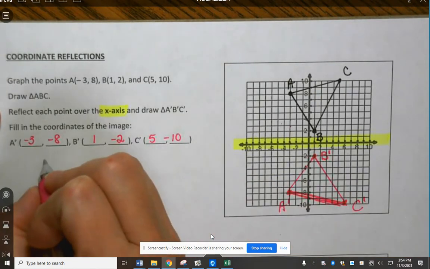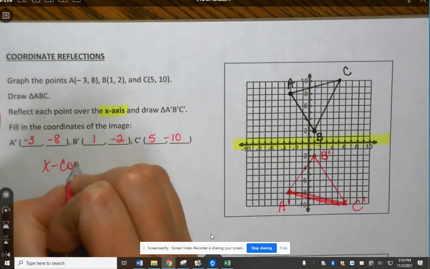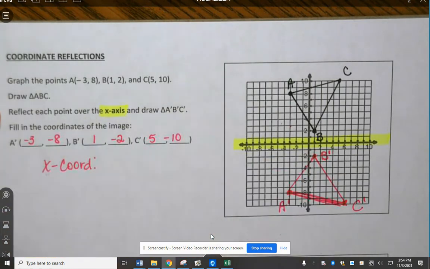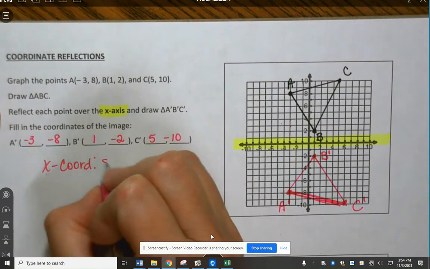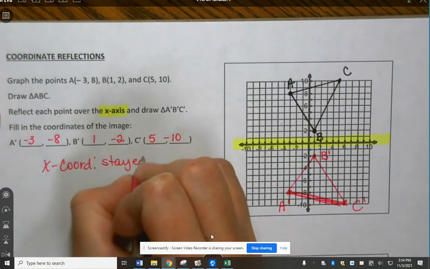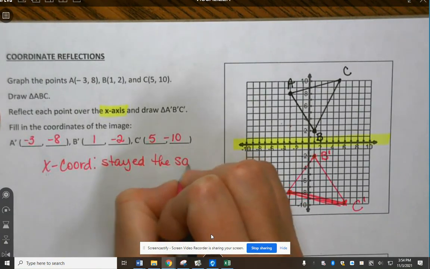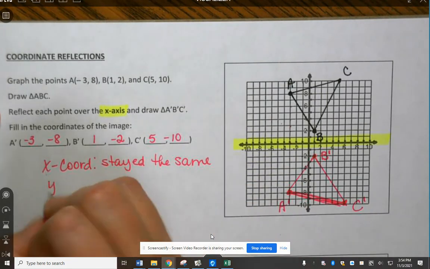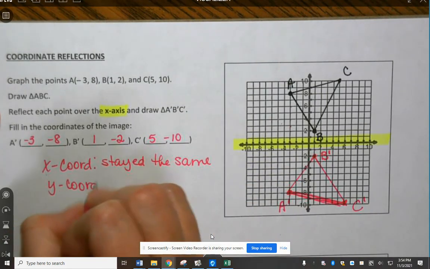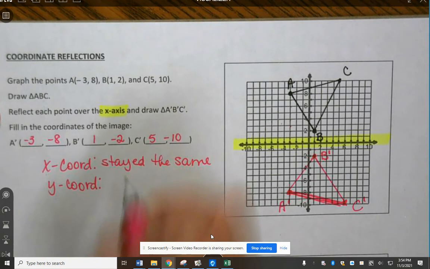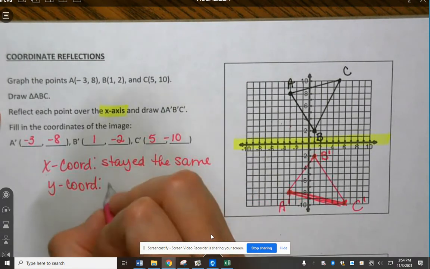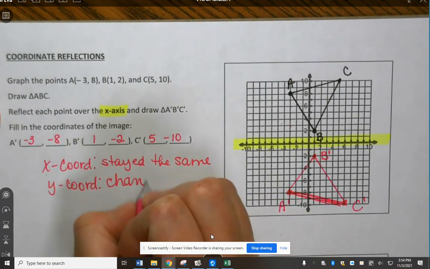So the x coordinates stayed the same. And the y coordinates became opposite. So they change sign.